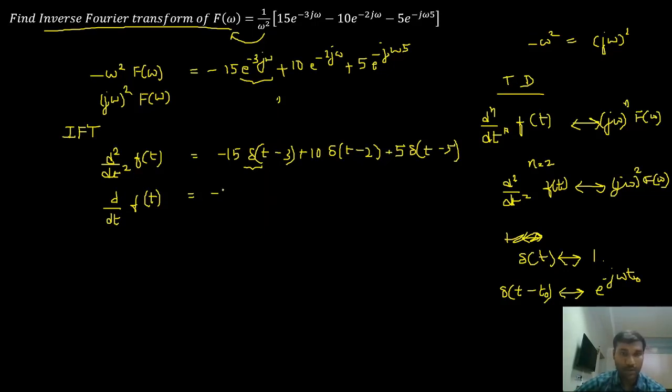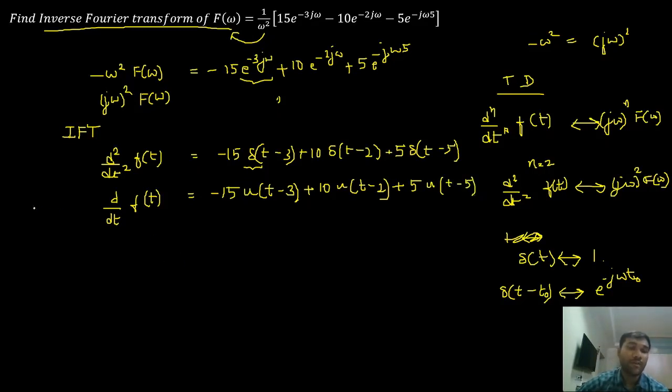So that is minus 15 u of t minus 3 plus 10 u of t minus 2 plus 5 into u of t minus 5.